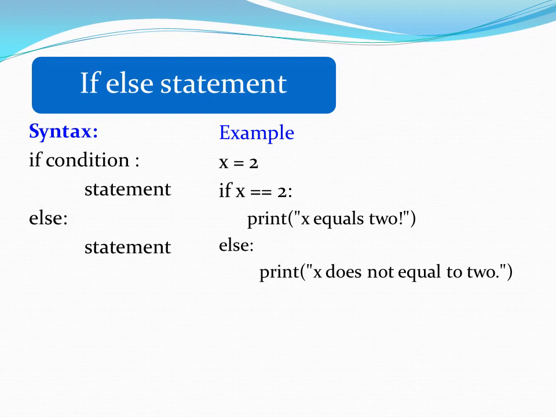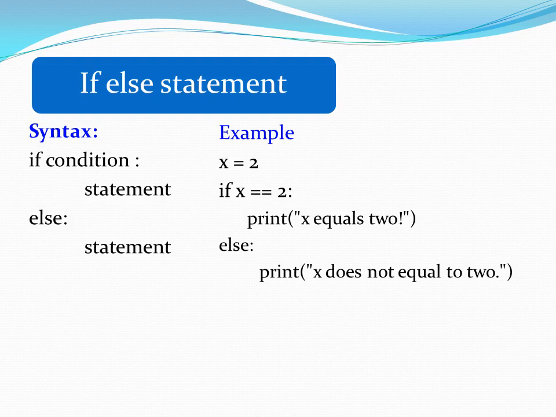You can study it with this example, like x equals 2. In the first statement we have assigned the value to the variable x, and in the if condition we are comparing 2 and x by using the equality operator.